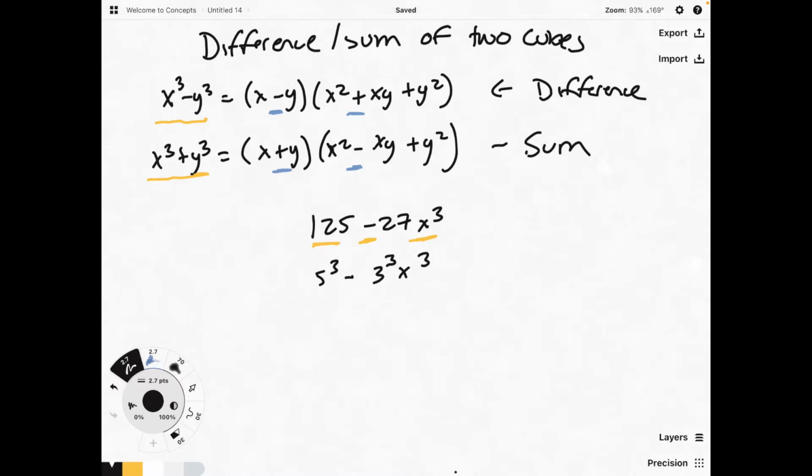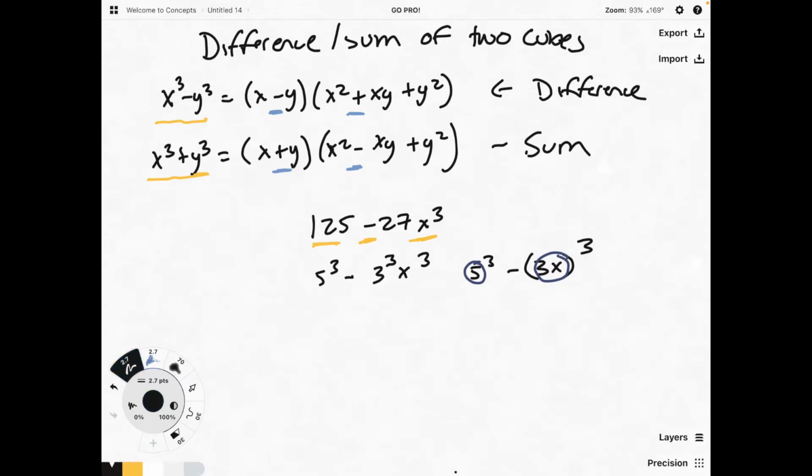Now, with our laws of exponents, we can manipulate this equation to do 3x, and then that quantity cubed. So again, we now know our x value and we know our y value. So all we need to do is plug and chug.